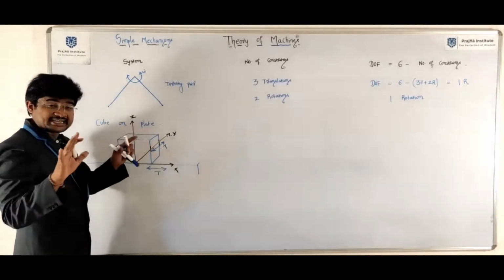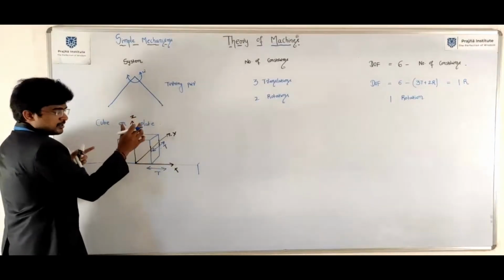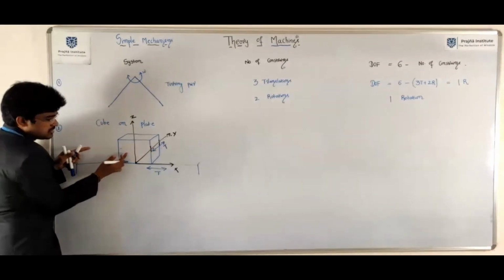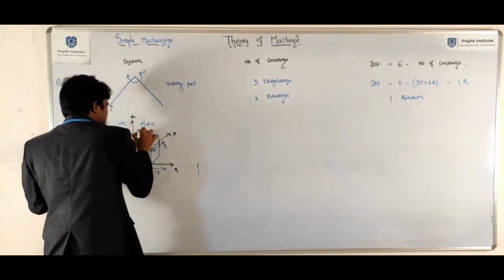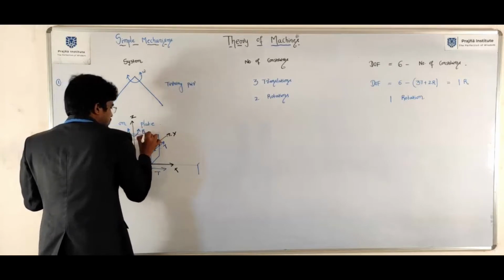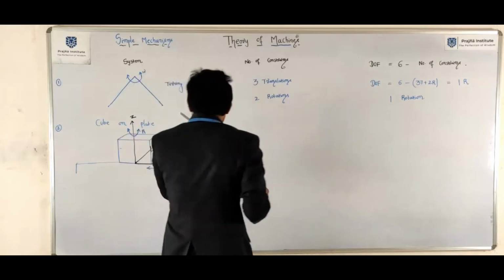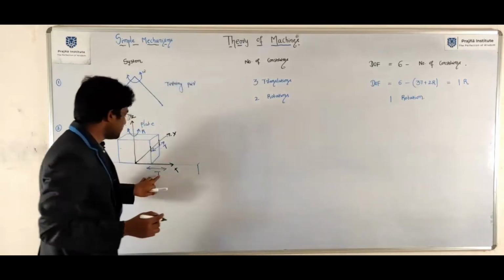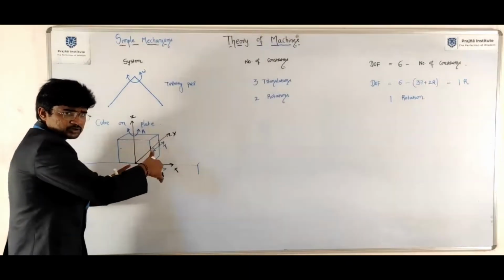Translation along the z-axis is not allowed. If it is moving upward, there is no contact between the cube and the plate. So only rotation is allowed. So here, the total motions restricted: one rotation is restricted, you can't rotate it about this axis.